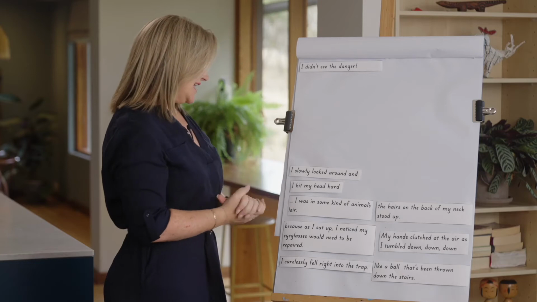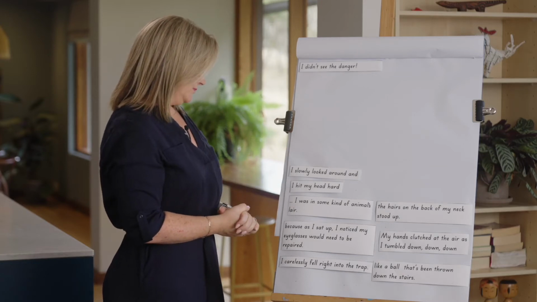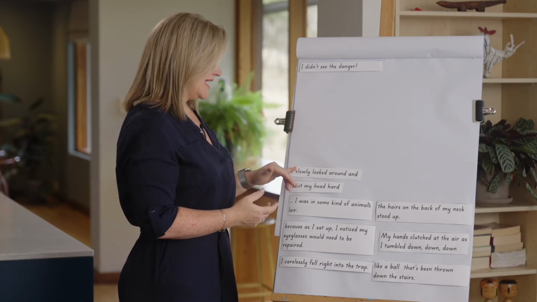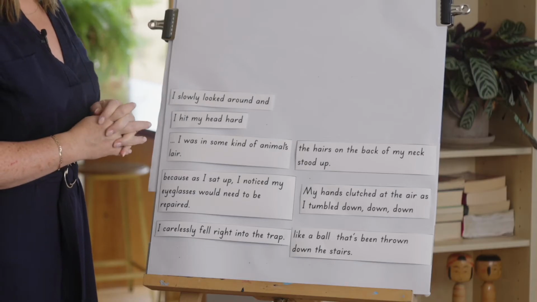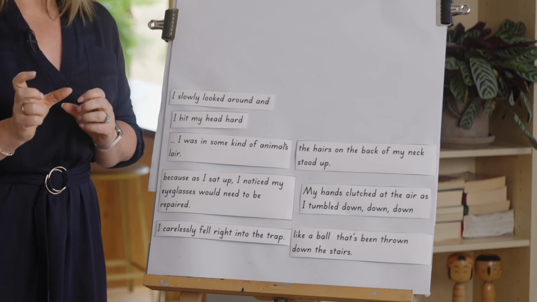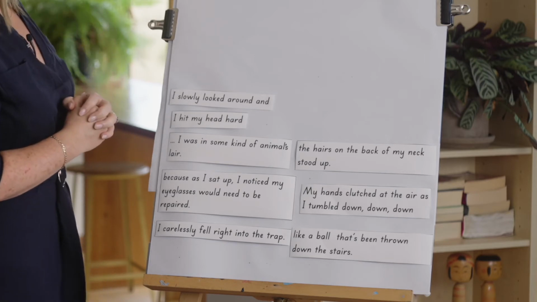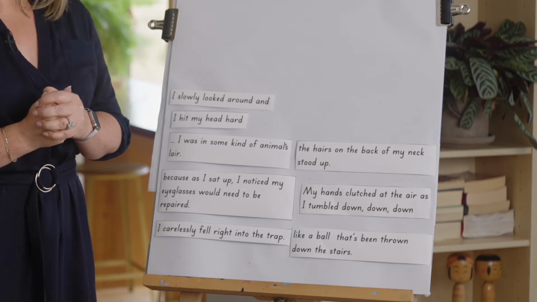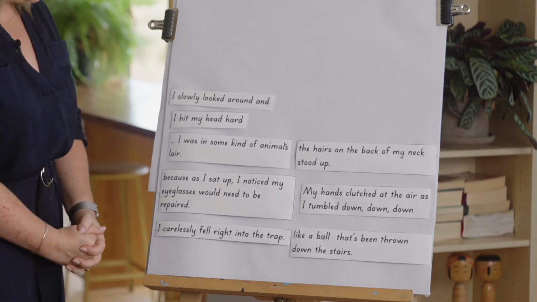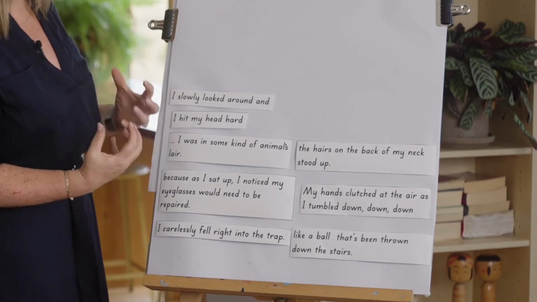I didn't see the danger. I slowly looked around. It doesn't flow, does it? The hairs on the back of my neck stood up. Now that could actually work, but I'm going to give you a hint. It's something about the trap. Can you find the part of the story about the trap?